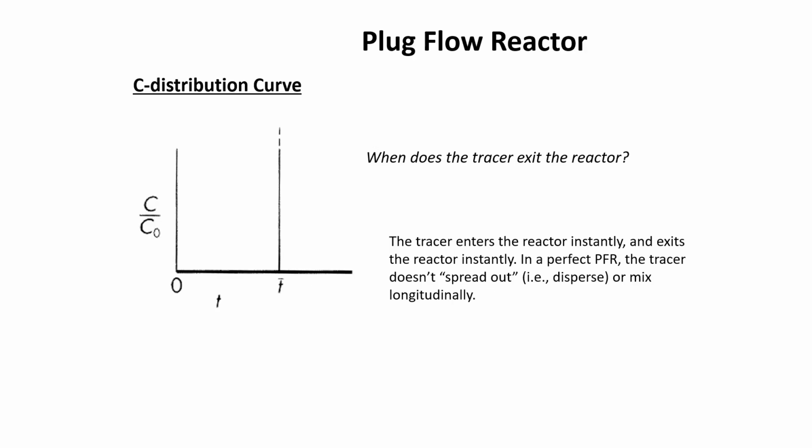This is what a C curve would look like in a plug flow reactor. And this is different. This isn't the same C curve I showed you before. Before it went up to 1 and then stayed at 1. Here, it starts at 0 and then goes to basically undefined or infinity, meaning that all of the concentration is coming out all at once. So it's not dispersed at all.